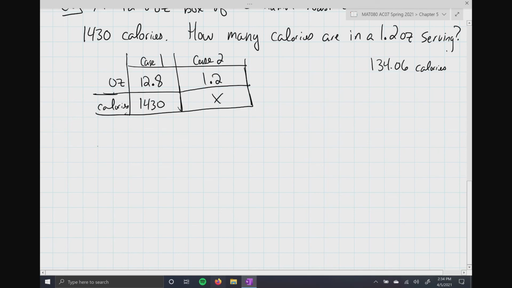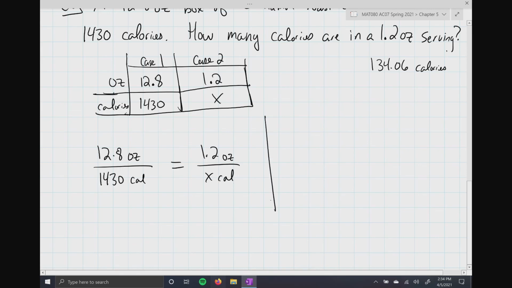So 12.8 ounces over 1,430 calories has to equal 1.2 ounces over x calories. Okay? Now, if you wanted to, you could have flipped them. You still get the same exact answer.